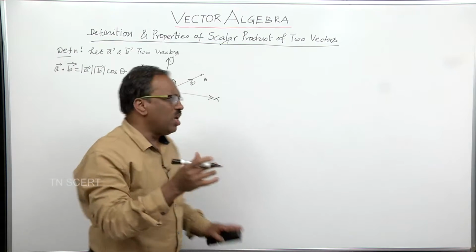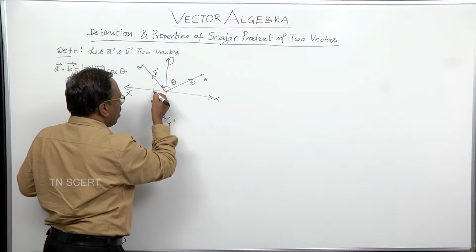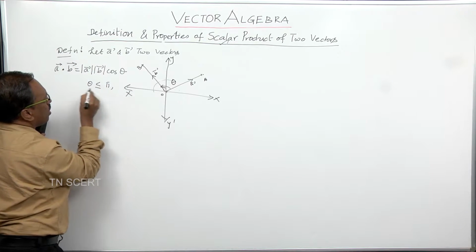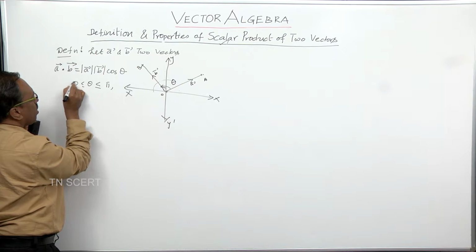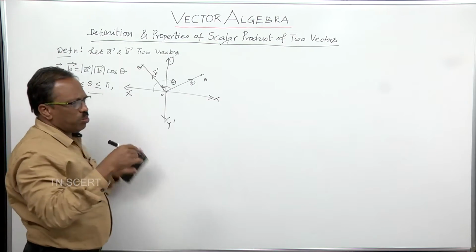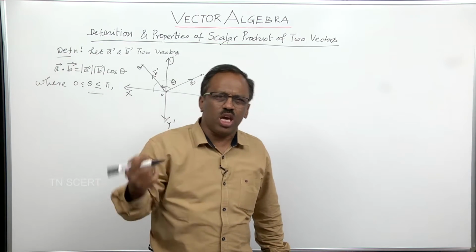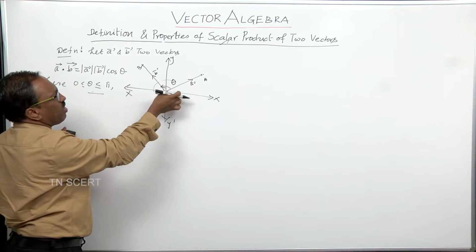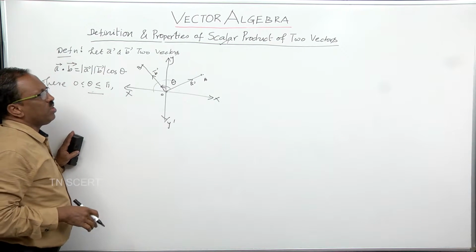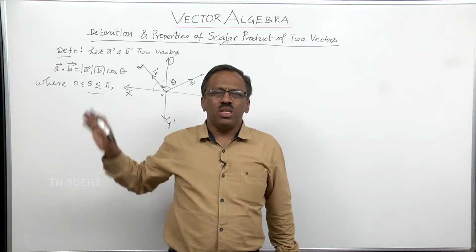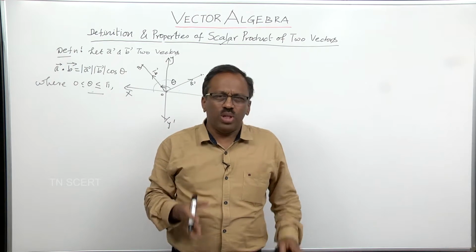Theta lies between 0 to pi, the first and second quadrant. This is the definition given by any book.